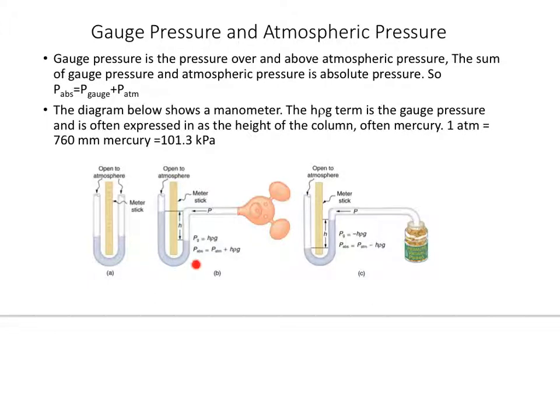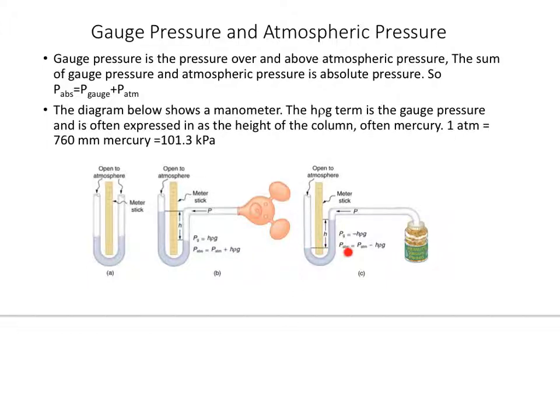So we can see down here that the absolute pressure is equal to atmospheric pressure plus the height of this column times the density of this material, if it's mercury, for example, times g. So this term right here is h times rho times g. That would be the gauge pressure.